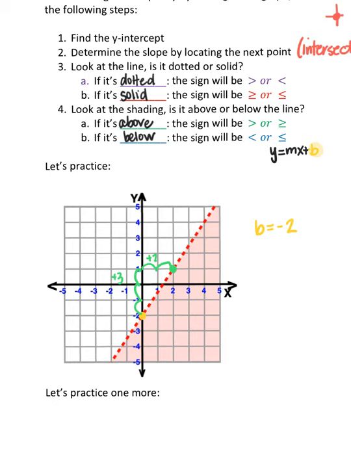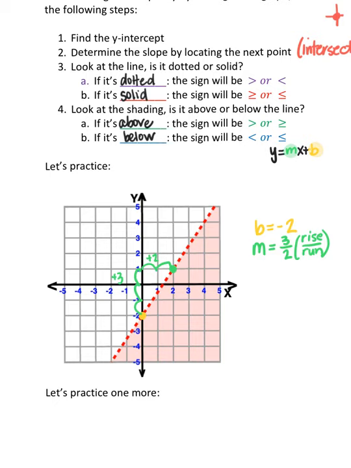And remember that that's my slope, and I want my slope to be in the form of a fraction. So this is good. My slope is m, so in this case, m equals 3 over 2. Remember, it's rise over run. So my m is 3 over 2, and that's that part of the formula.